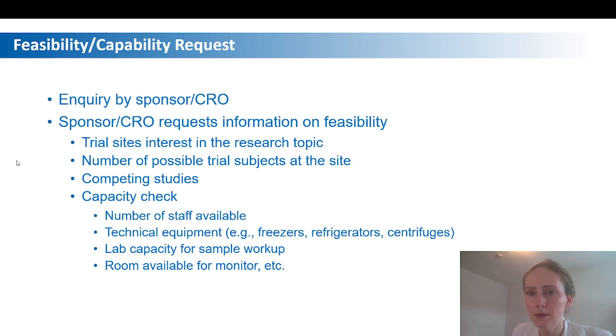Factors like the prevalence of the condition and willingness of subjects to participate have to be considered. It should not run any competing trials that could interfere with the recruitment of the subjects or the conduction of the new trial. And the trial site should have the necessary resources, including staff, technical equipment such as freezers, centrifuges, as well as sufficient lab capacity for sample workup and space for the monitor.